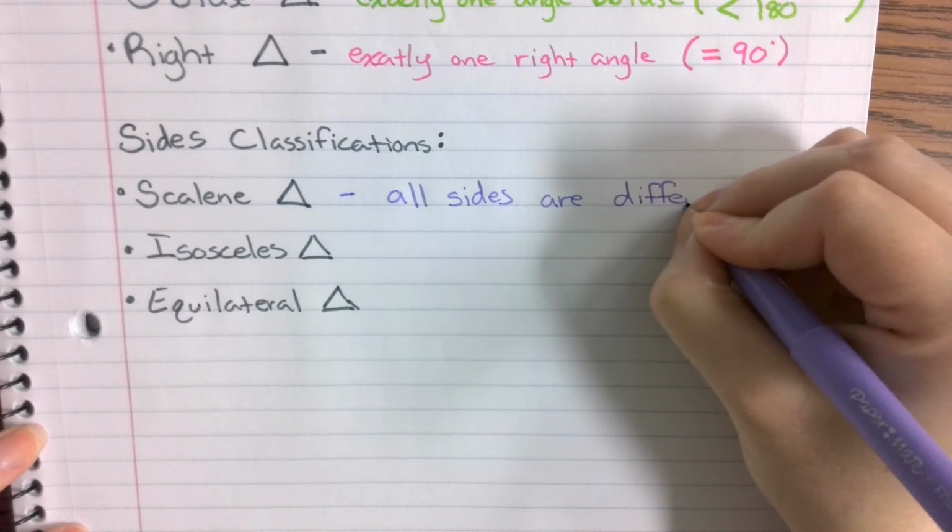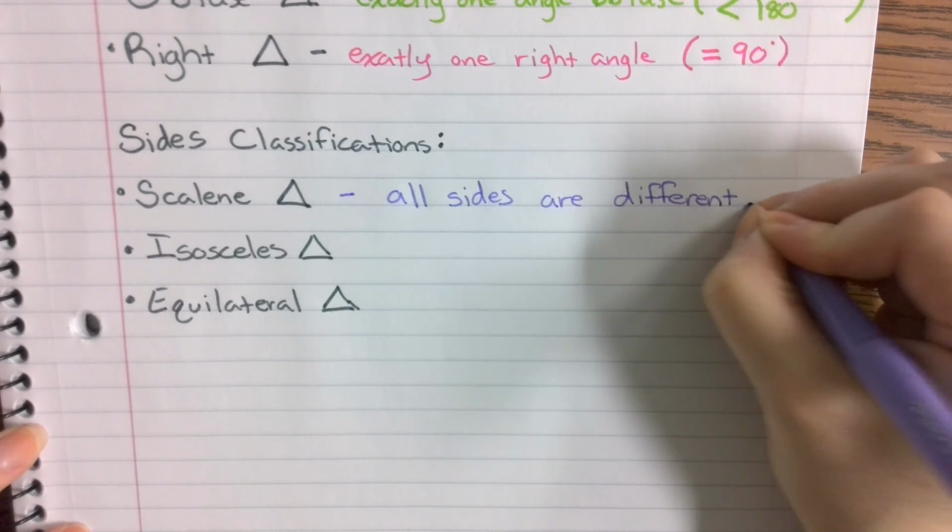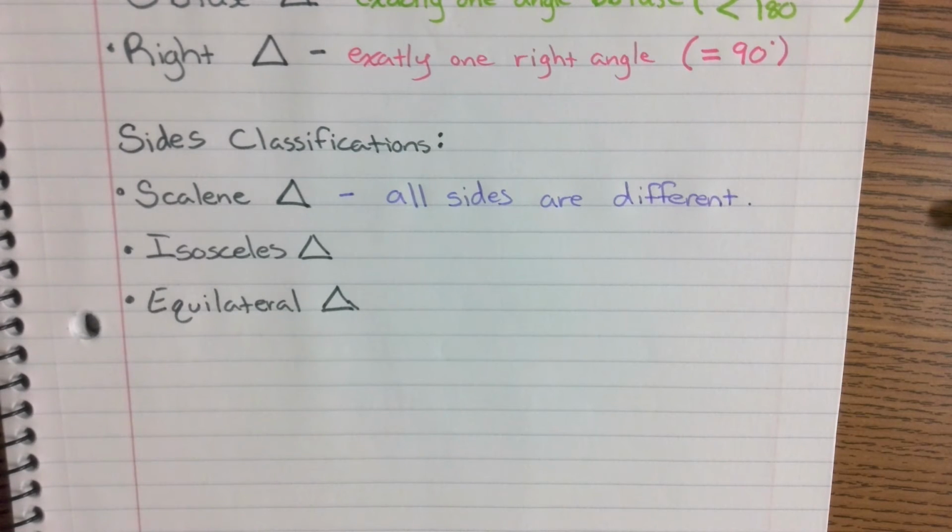They are different sizes. If all the sides are different, then all the angles are different as well. The angles and the sides correlate with each other. Your largest side is directly opposite your largest angle. Your smallest side is directly opposite your smallest angle. They are correlated.